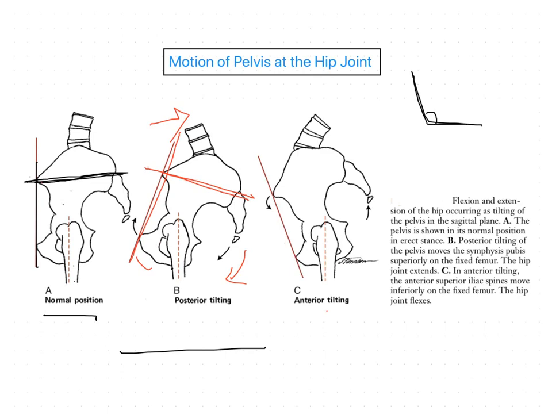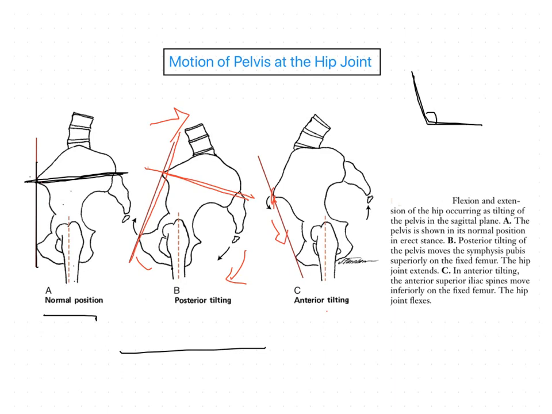Next, hip flexion through anterior tilting of the pelvis brings the anterior superior iliac spines anteriorly and inferiorly. So these will come anteriorly as well as inferiorly, rather than the femur moving towards the pubic symphysis.